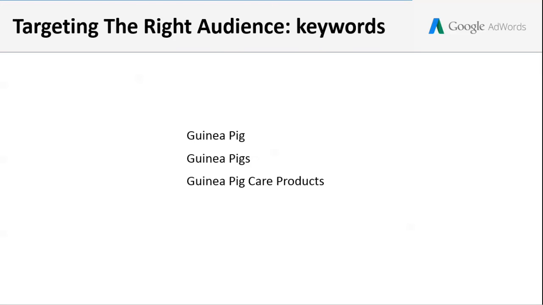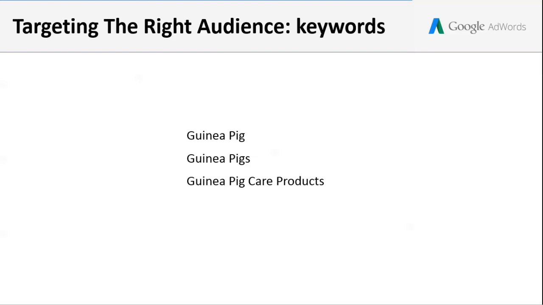Okay, and I'm going to explain it to you exactly how it was explained to me. And we're going to use guinea pigs as an example. Someone types in guinea pig into Google. They probably don't know a lot about what a guinea pig is, and they're trying to find out what guinea pigs are. As opposed to someone who types in guinea pigs, who is probably someone who knows what a guinea pig is, probably knows what they look like, but they want to look at some pictures or just generally have a look at guinea pigs.